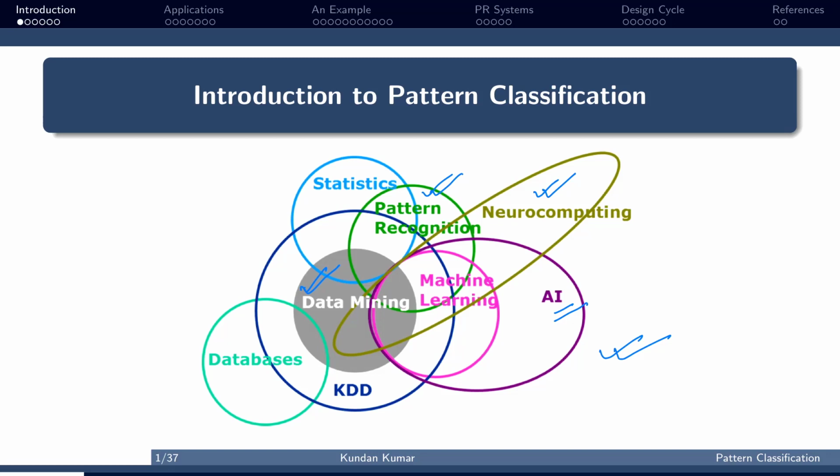It overlaps with statistics, machine learning, artificial intelligence, and many other domains. In my opinion, there is no clear demarcation among these domains. So let us look at the definition of artificial intelligence and machine learning, and we'll try to relate pattern classification with these two domains.